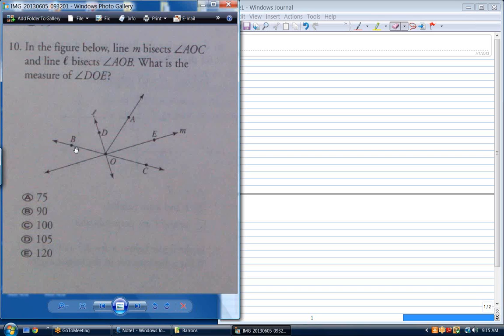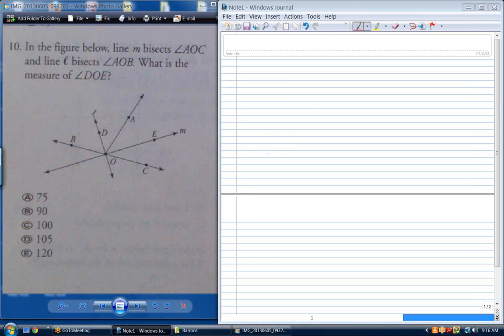So what is the measure of DOE? Okay, and then once again with the 180 degrees would... I'm thinking, let's see, DOE. Wouldn't DOE be 180? I don't know.